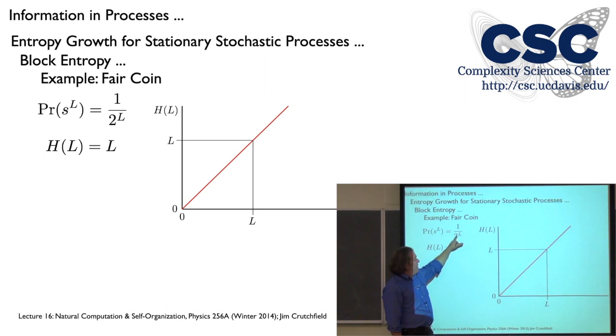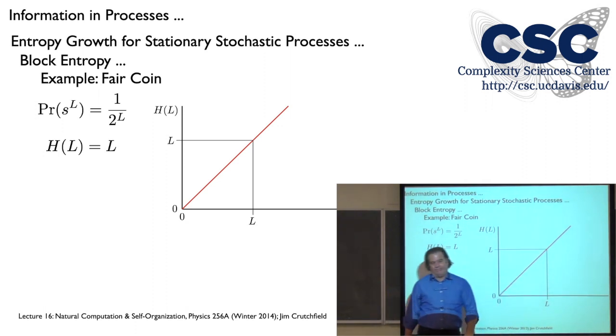So even if my events are words of length L, if they occur with equal probability, then that P log P formula reduces to log base 2 of the number of events, or the number of words. That was the upper bound in general for the Shannon entropy of a distribution. It's maximized when the events have equal probability, and then it's the log of the number of events. Well, there are 2 to the L binary words of length L, and the log of that is L. So it just grows linearly.